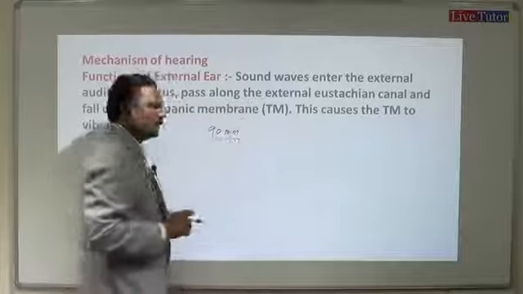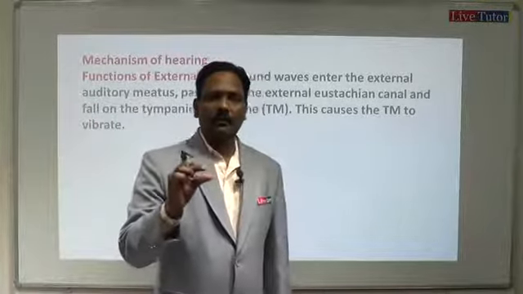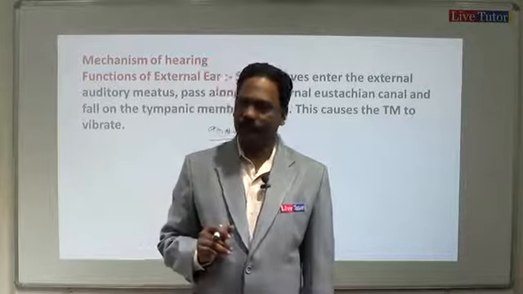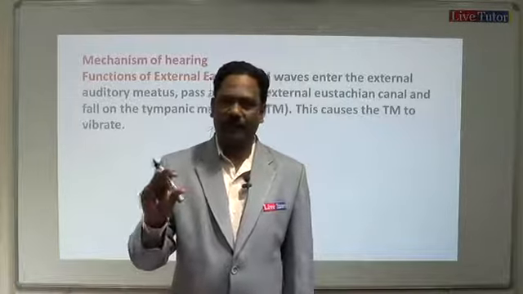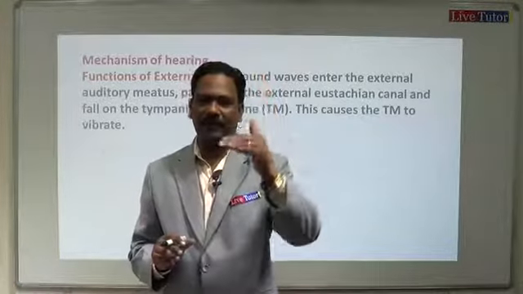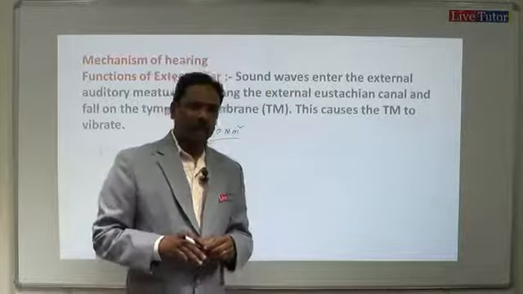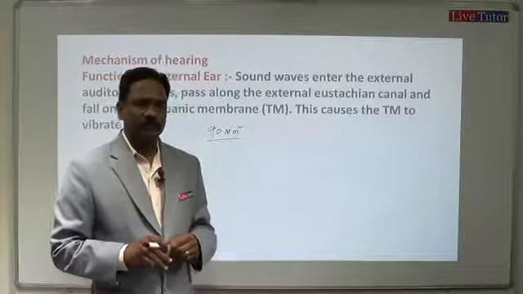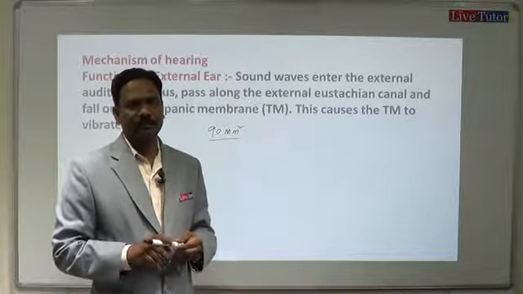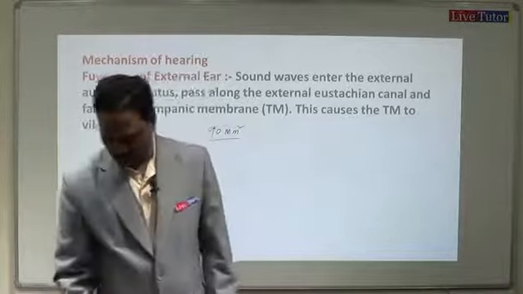Okay. Then what are the membranes which separate the cochlea into three canals, the scala vestibuli, scala media, and scala tympani? What are the membranes? The Reissner's membrane and the basilar membrane. Okay.